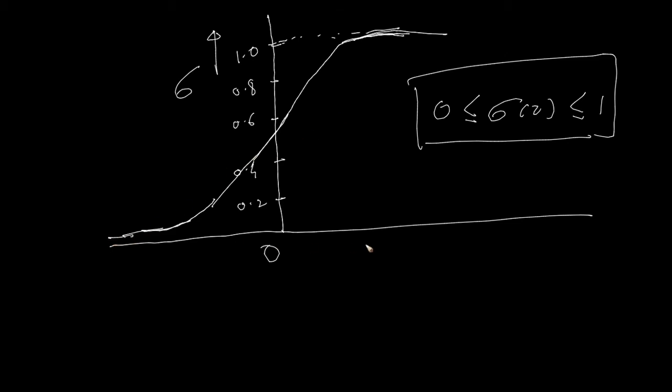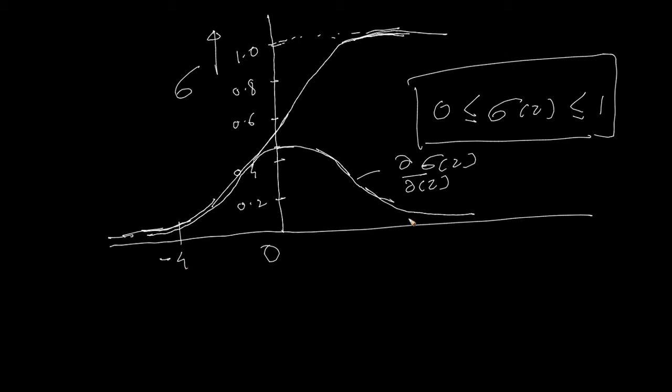Now if I plot the derivative of sigma, it will look like this. This is the approximate curve for the derivative of sigma. Say this is minus 4 and this is plus 4, for example.